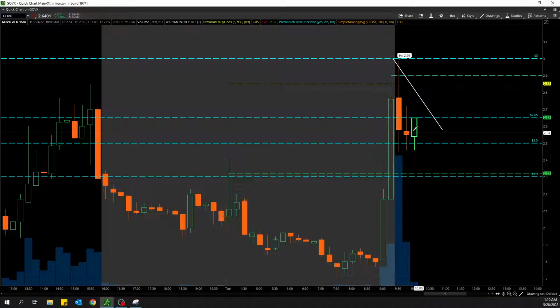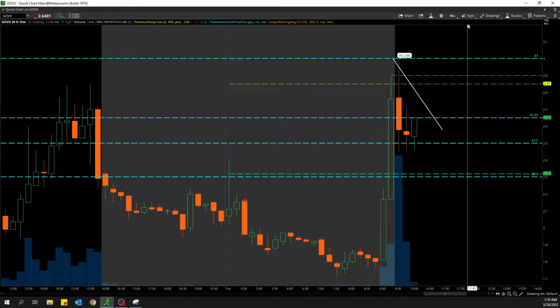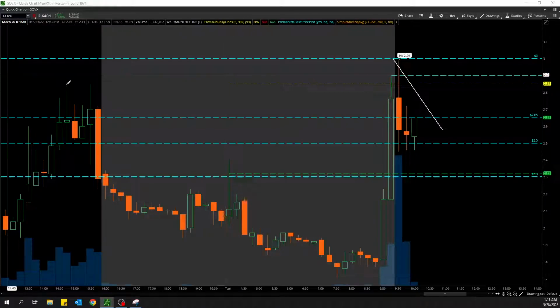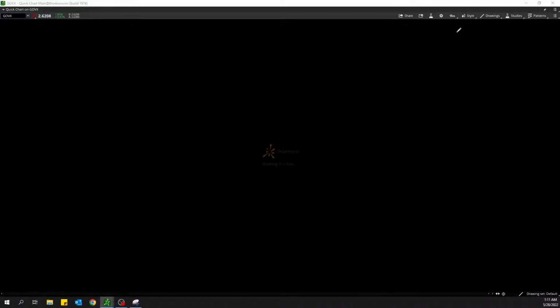It's still somewhat in a sideways price action off the 15. So I want to see another 5-minute candle. So we'll go in another 5 minutes and see how that looks.